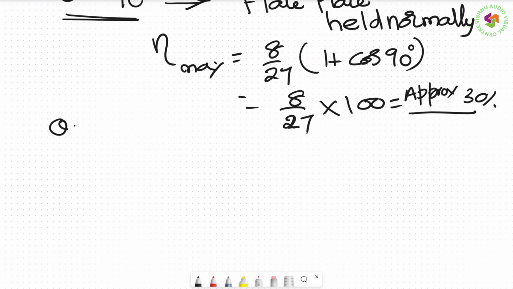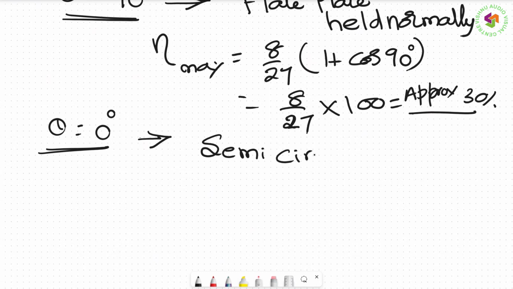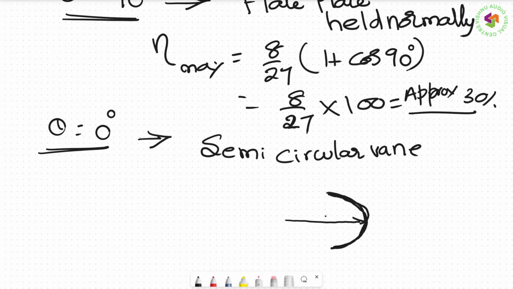Suppose theta is equal to 0 degree, then it is nothing but a semicircular vane. That means this is how it is. Suppose the jet strikes like this, it leaves like this. That is what I mean by semicircular.